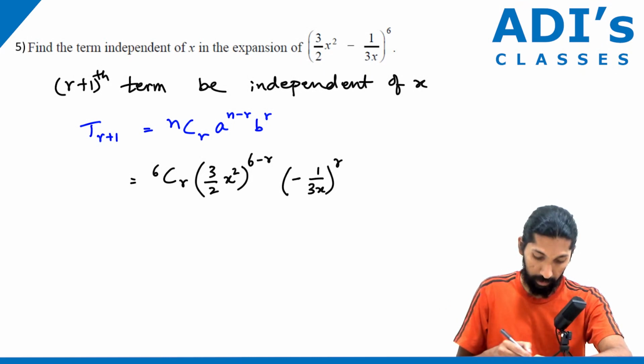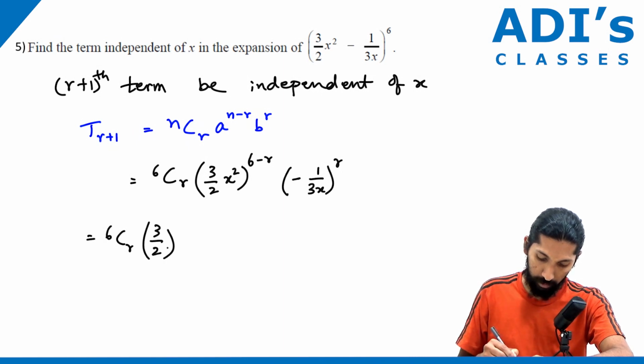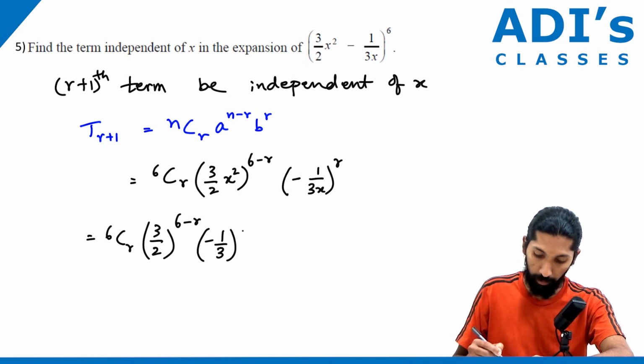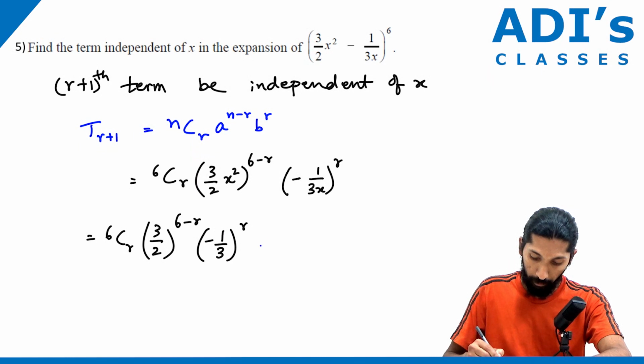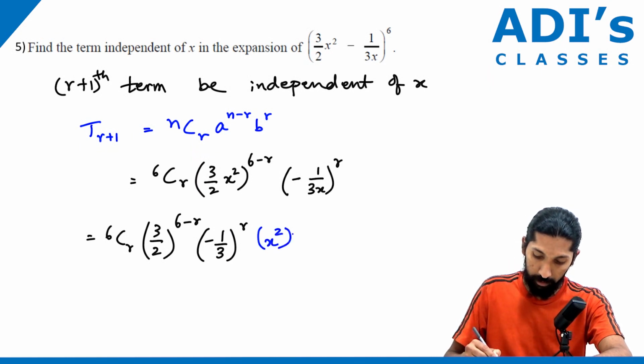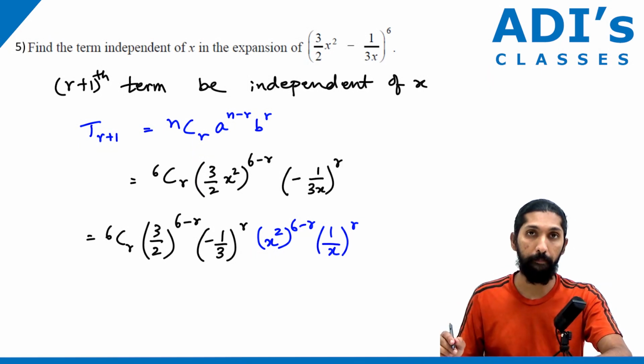We'll take 6Cr, 3 by 2 to the power of 6 minus r, minus 1 by 3 to the power of r, and segregate this into x square to the power of 6 minus r into 1 by x whole to the power of r. Keep this separately.